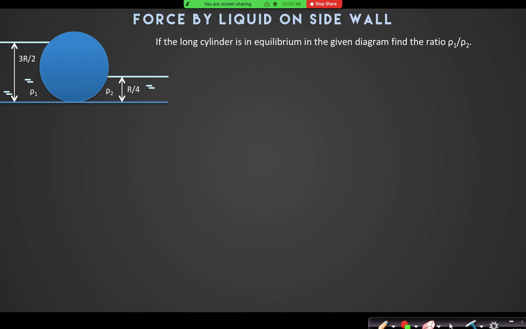What is the answer of this question? Rho 1 by rho 2? Calculate. Sir, is it 1 by 6?